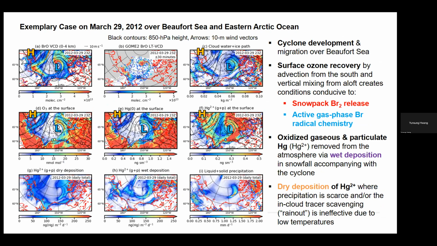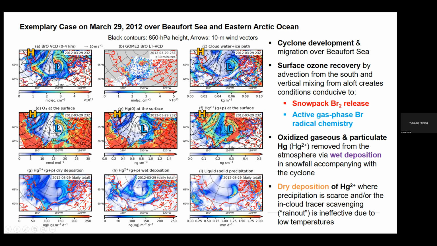And this is one exemplary case on March 29th in 2012 around the Beaufort Sea and the Eastern Arctic Ocean region, when there was a very intense cyclone developing over the Beaufort Sea, which actually drew a lot of ozone-rich air into the Arctic Ocean from Alaska.